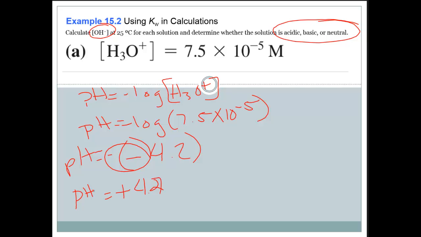Now to find the OH minus concentration, as we said before, the H3O plus times the OH minus is equal to 1 times 10 to the negative 14. I could plug the H3O plus concentration in there and solve for the OH.